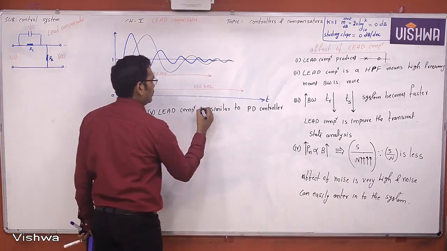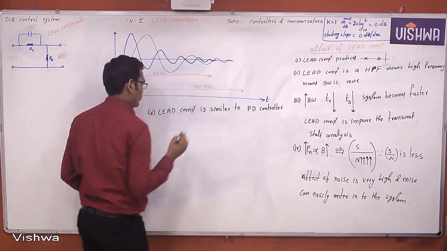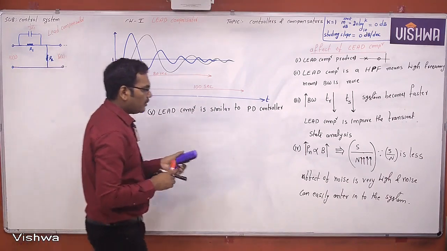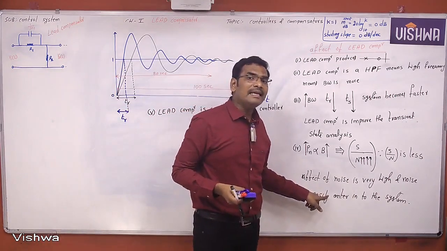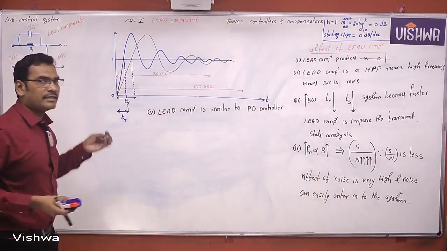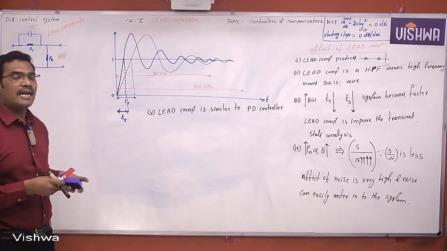One problem here: noise can easily enter into the system. This is a disadvantage. That is the reason why the lead compensator creates some attenuation at the starting stage itself.